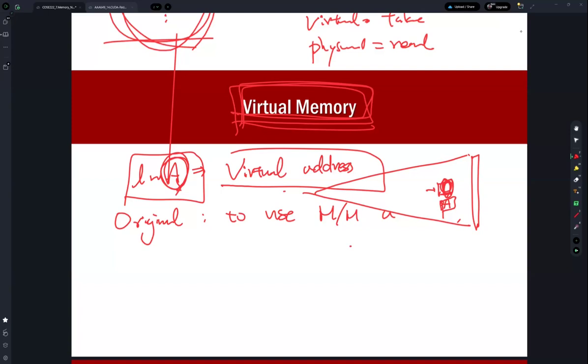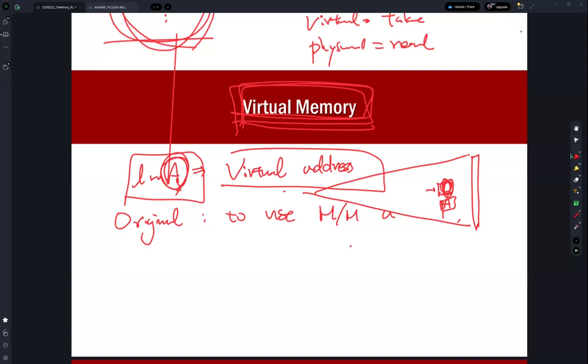It is because using the virtual memory, we can easily manage the memory space. So actually the virtual memory is managed by the operating system. But the hardware also needs to support this virtual memory space.